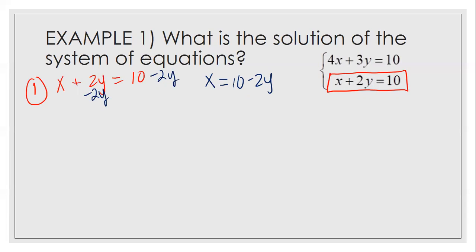Okay. Step 2 says to substitute this into the other equation. So what x is, I'm going to put into the other equation where the x is. So this is where we substitute.